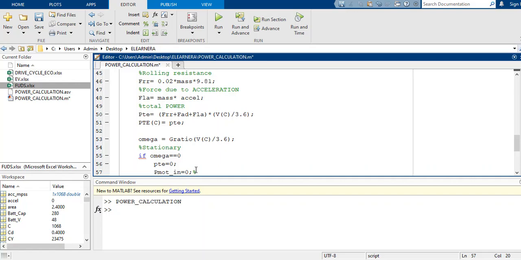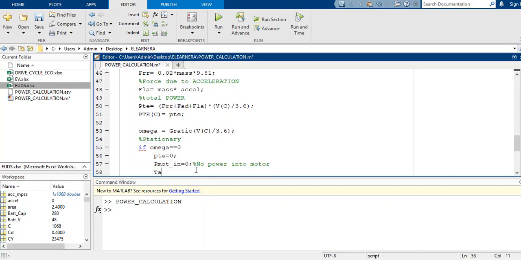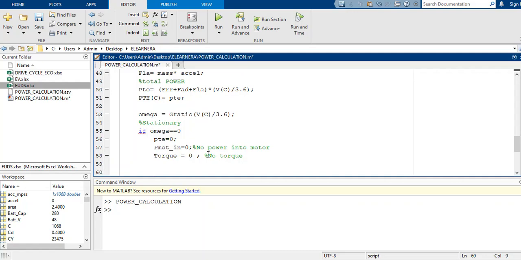So no power into motor. Okay guys, then the torque is also 0 in this case. No torque. We have put all the calculation for the loop for stationary.